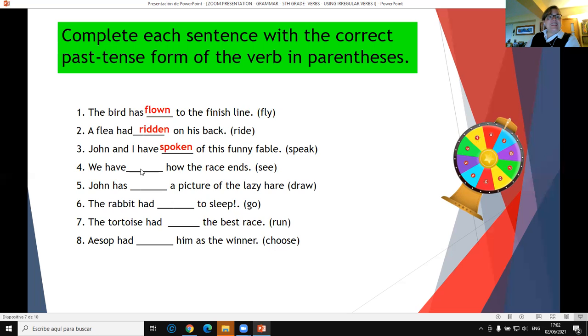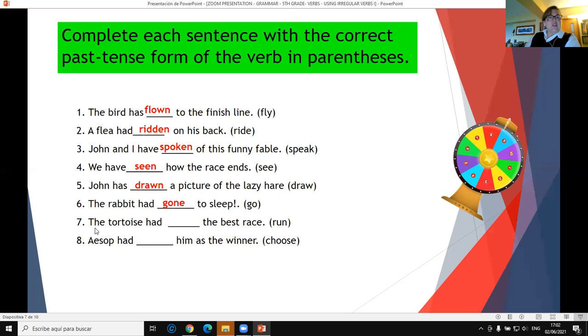So we have seen how the race ends. Five, John has (draw) a picture of the lazy hare. Draw is the verb, so has drawn a picture of the lazy hare. Number six, the rabbit had (go) to sleep. We have a helping verb, we use gone. The rabbit had gone to sleep.